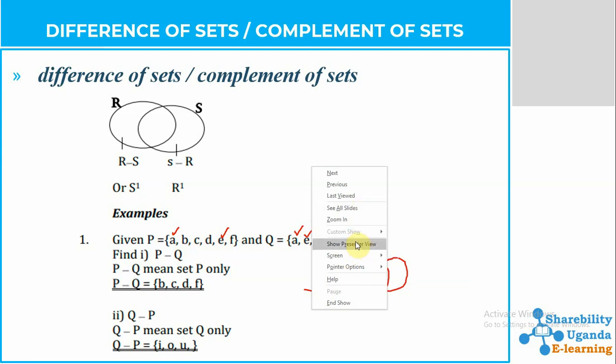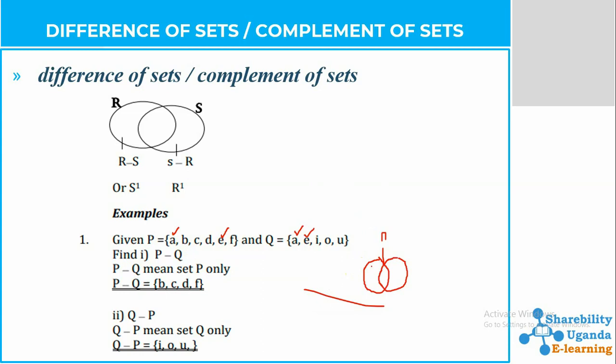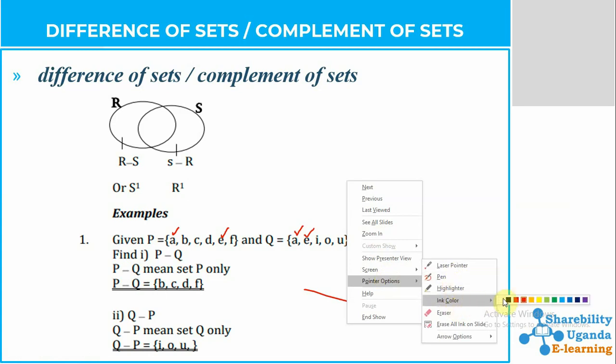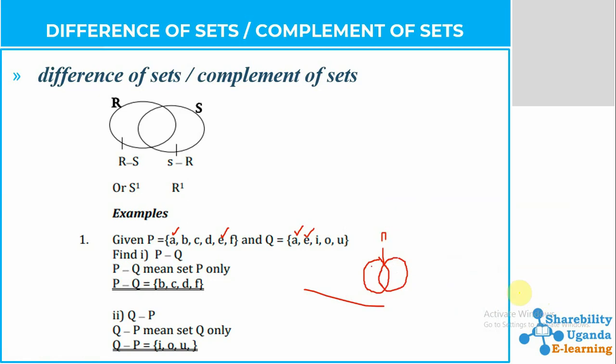Let me show you. Let me get another. Let me show you very well. Let me get an ink which is different. That means here, if we are to identify the numbers of P only, we are remaining with our B here.